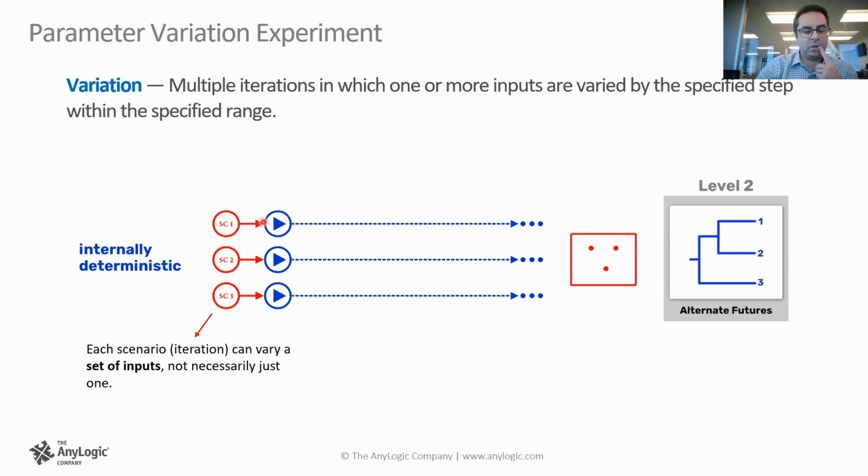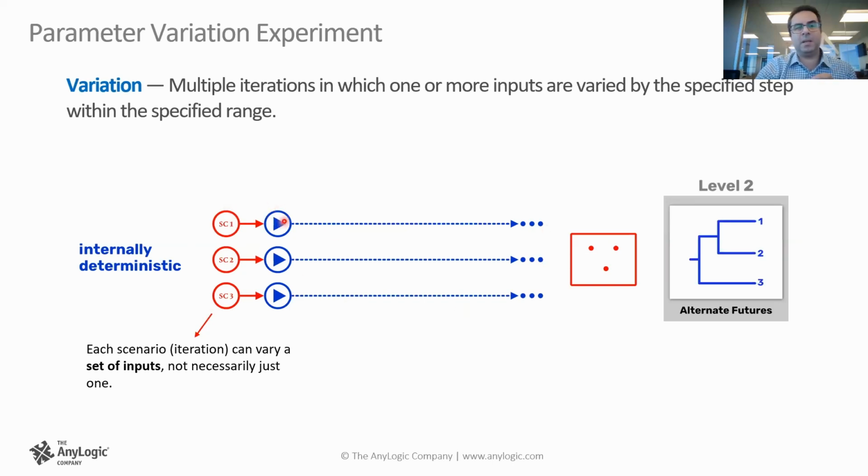So let me explain what you are looking at here. First of all, one quick thing. When you are changing the input to a simulation run, we call it an iteration. So we have scenario 1, scenario 2, scenario 3. Each scenario is also called one iteration.